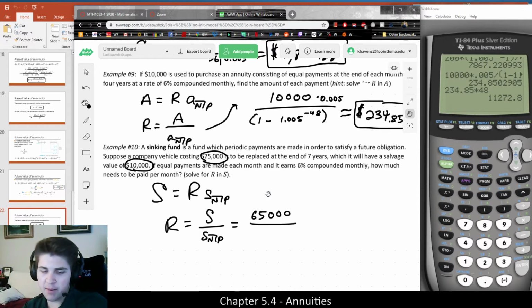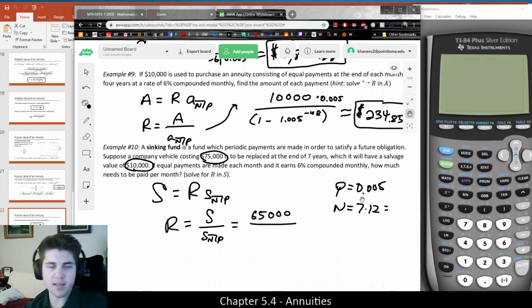And we need to divide by s n p, where again we obviously want to know what n and p are. In this case, I've continued to use 6% compounded monthly, leaving our periodic interest rate at 0.005. And since it's 7 years compounded monthly, the total number of periods is 7 times 12, which is 84 total payments.